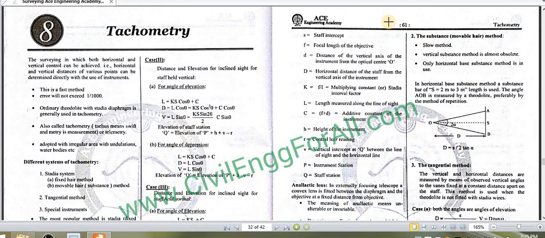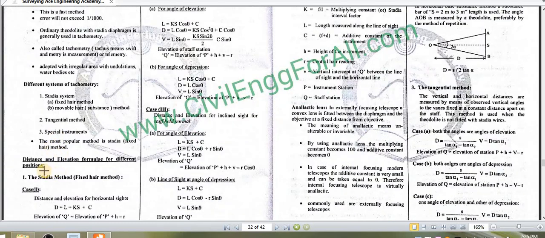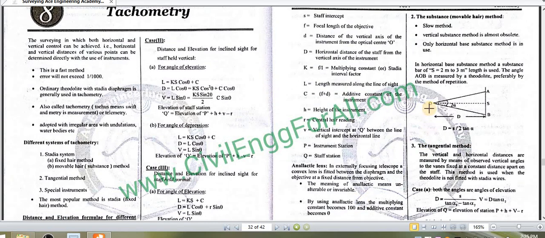Okay, now the next method; this was all related to your fixed hair method. Now we'll see the substance method, that is the movable hair method. It is also called the substance method, so you don't need to be confused if it says substance method; it is talking about the movable hair method only. This is a very slow method, because you need to adjust your upper hair as well as your lower hair, so it is very time consuming.